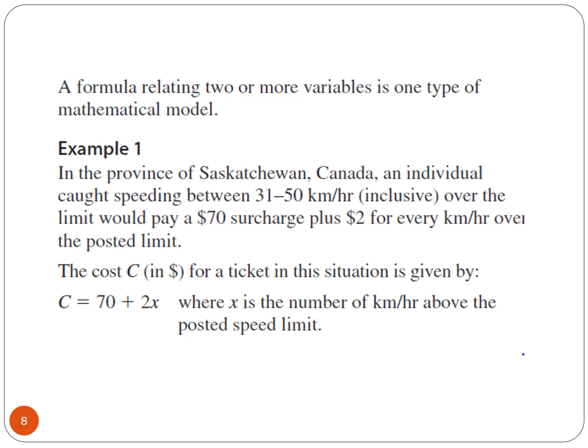The next thing we would like to do, because algebra deals with symbols and how to handle them: an algebraic expression normally would have variables, symbols, plus the operations that we discussed. One of the things we use algebra for is to write a formula. A formula relating two or more variables is one type of mathematical model.